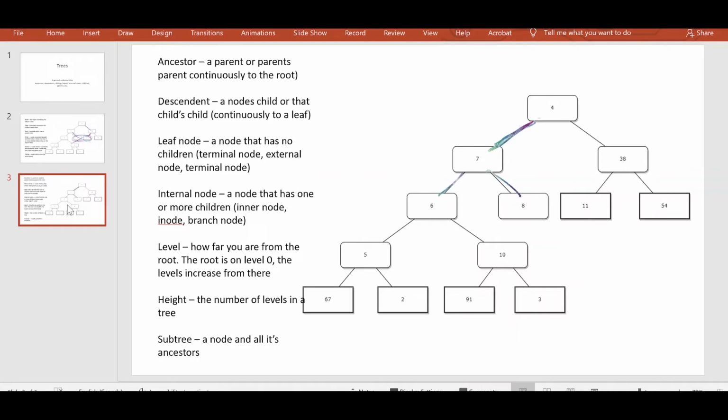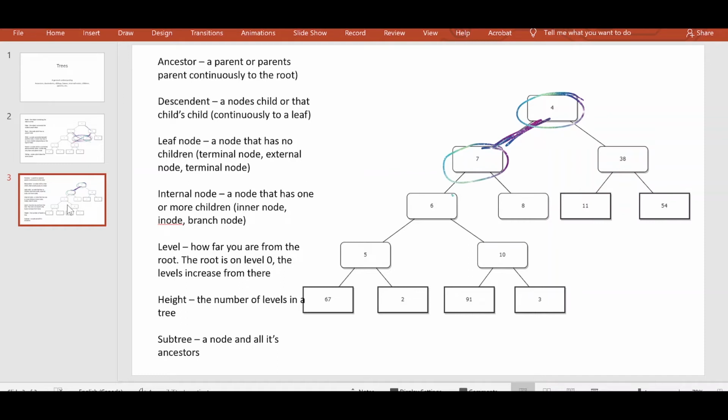How is 4 connected to, say, 5? It may seem like in no way because they're super far away. However, 4 is actually 5's ancestor, and 5 is 4's descendant. An ancestor would be a node's parent, so 4 would be the parent of 7, which makes it its ancestor.